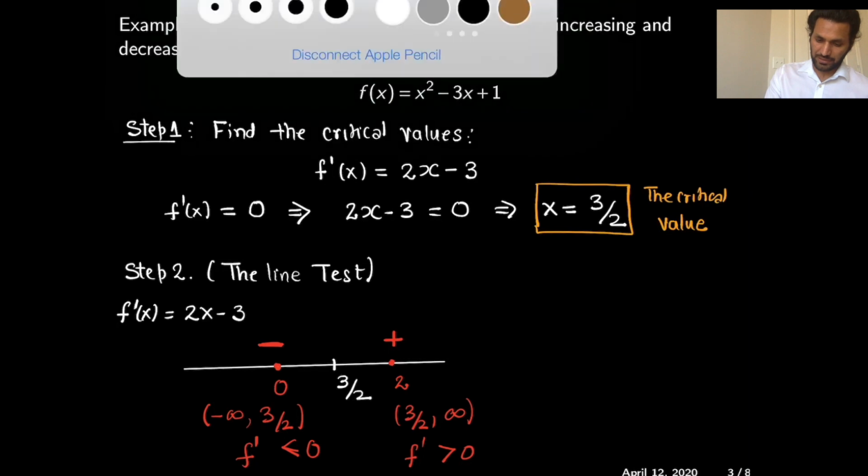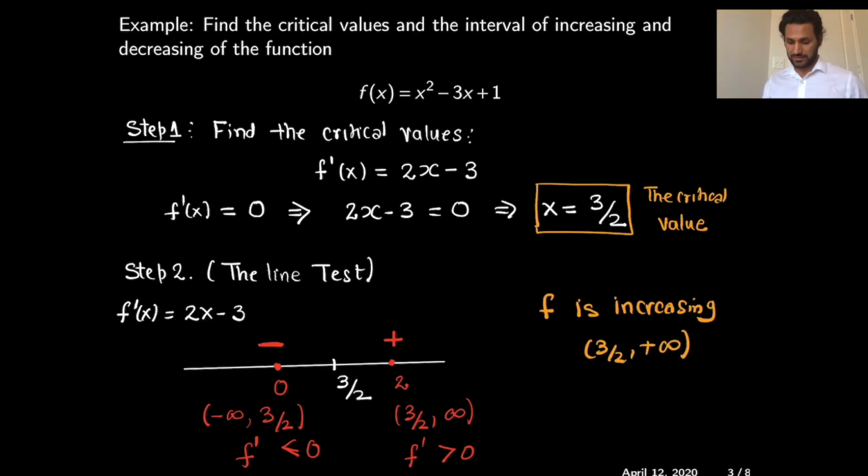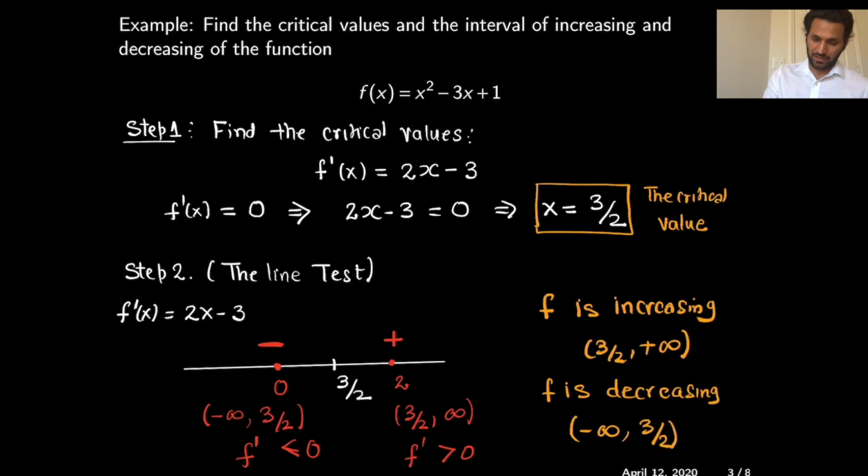Based on this, we can make some conclusions here. f is increasing on 3/2 to positive infinity, because this is where the derivative of the function is positive. And f is decreasing on minus infinity to 3/2. So I will box this answer.